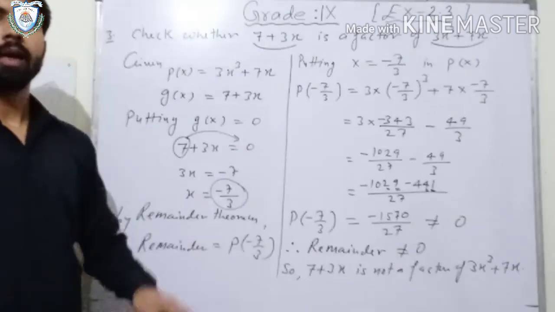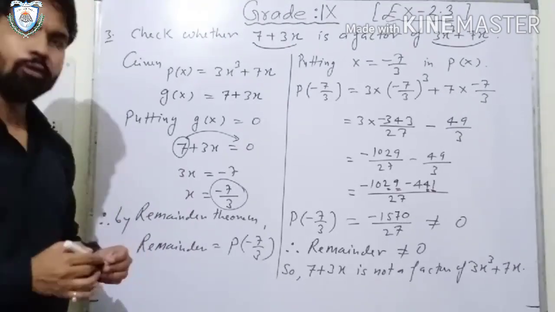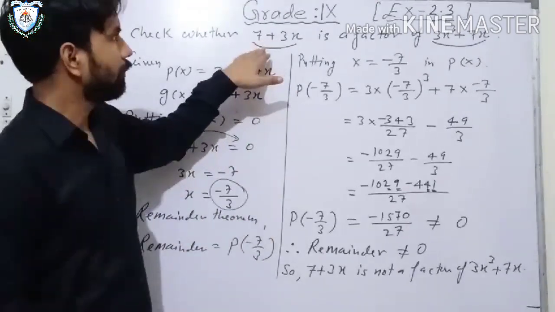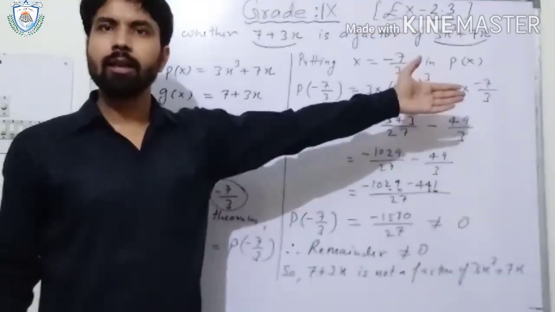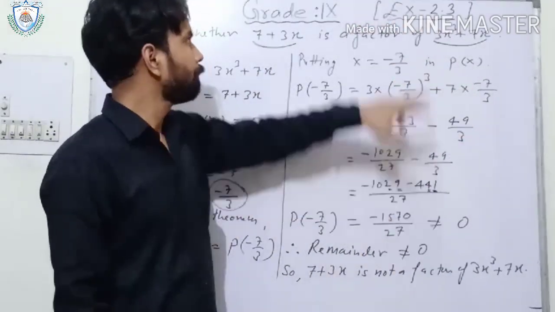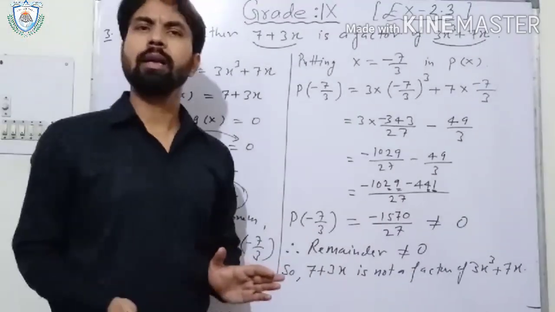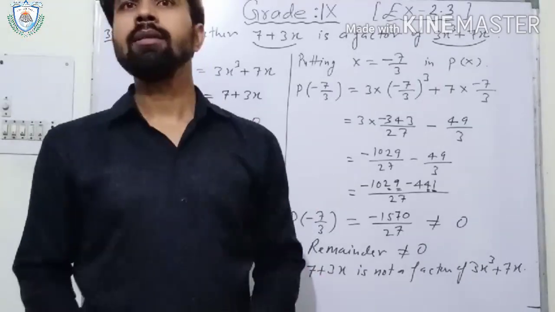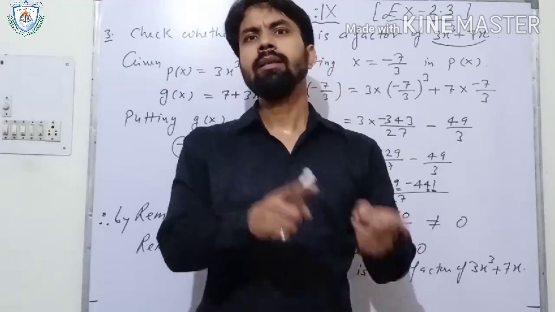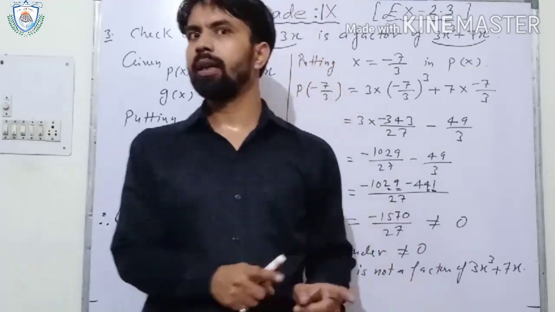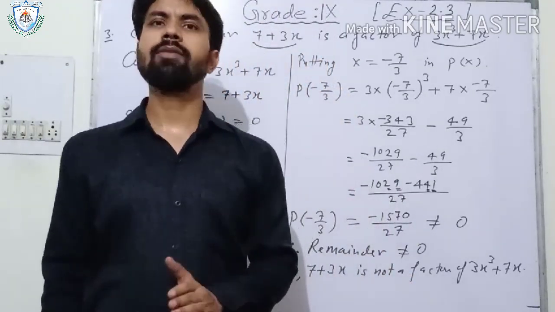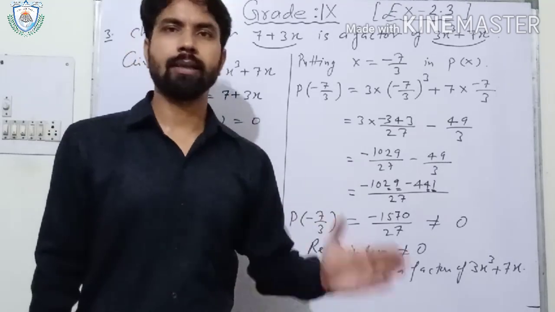Clear? Again I am explaining, whenever you have to check whether one polynomial is a factor of another polynomial or not, firstly we will have to consider p of x and g of x, and simply find the remainder. If the remainder is 0, then g of x is a factor of p of x, or if the remainder is not 0, then g of x will not be a factor of p of x.